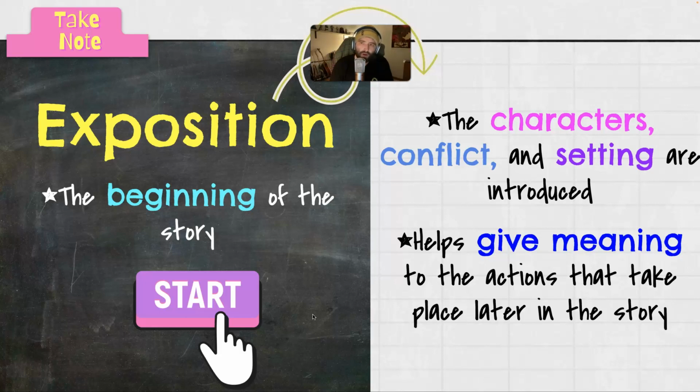So to talk about it in a broader sense, you are introduced to these characters, to this setting, to all of these things here, and you get an idea of where the characters are, but you also get an idea of what motivates the characters. Why do the characters do the things that they are doing, right? Thanos thinks that half of the universe's population is a problem, and that's what has motivated him to want to get rid of it.